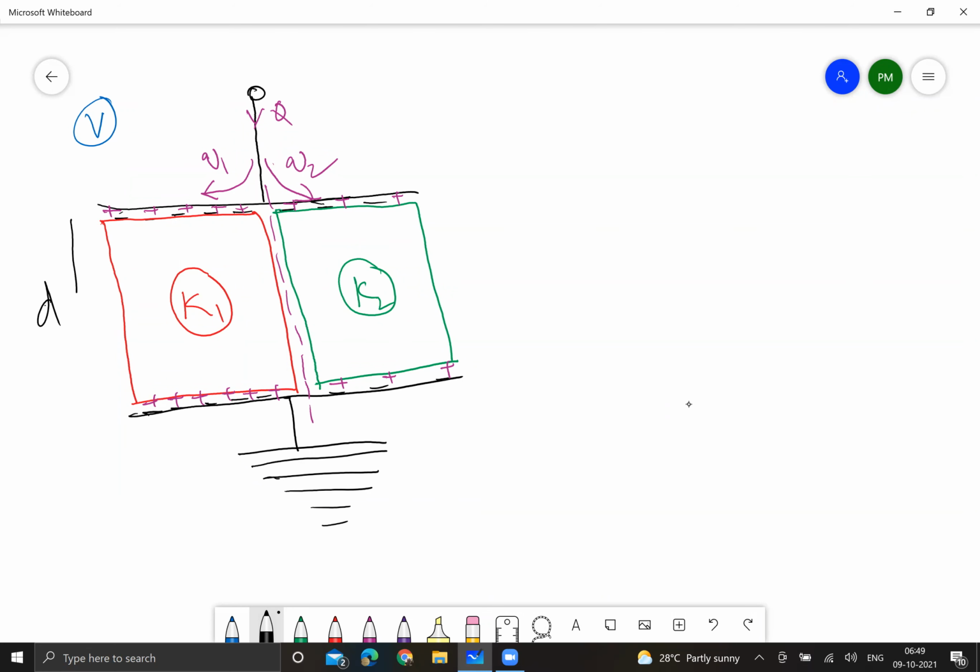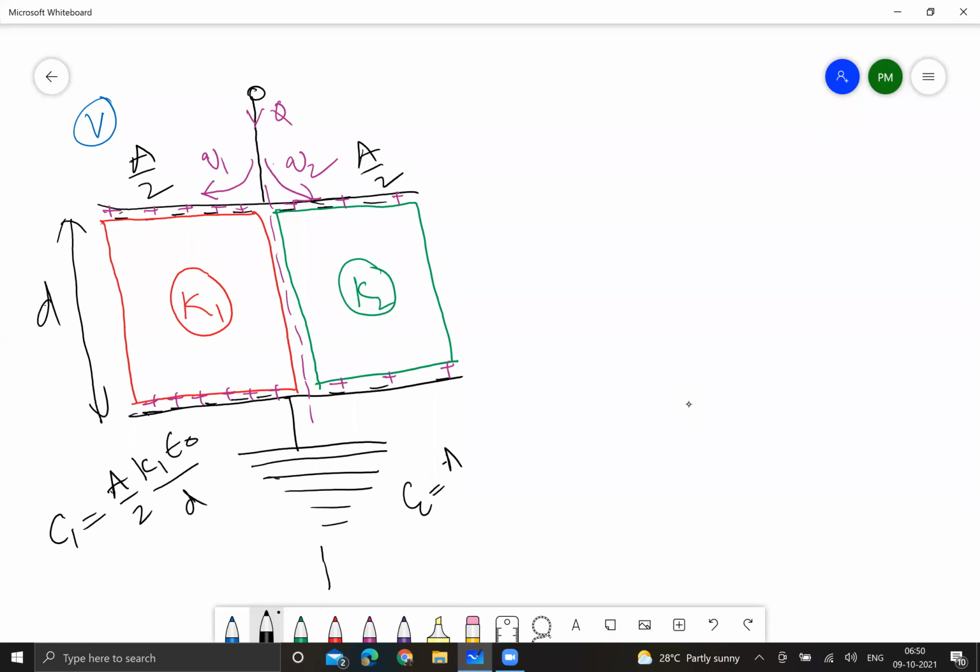So this is the plate separation. Now, this will be equivalent to two capacitors, each of plate separation D, plate area A by 2, filled with two dielectrics of constants K1 and K2, such that C1 becomes A by 2 K1 epsilon 0 by D and C2 becomes A by 2 K2 epsilon 0 by D.